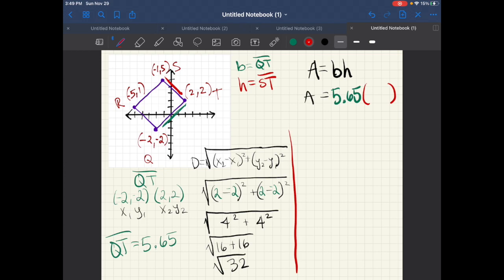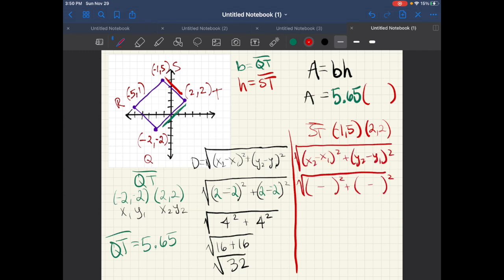So we're going to find the distance from S to T. So this is ST. And S is at -1, 5. And T is at 2, 2. So we'll do the distance formula. And let's plug in what we know.